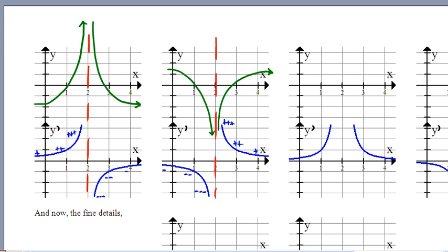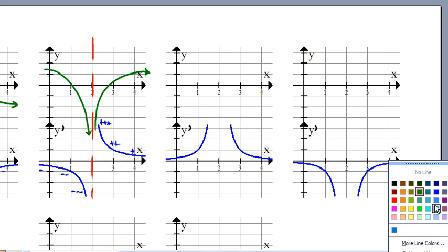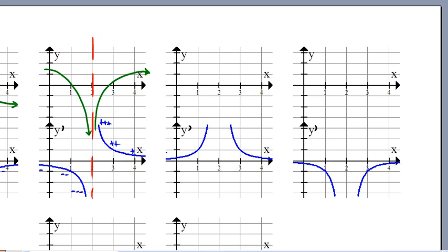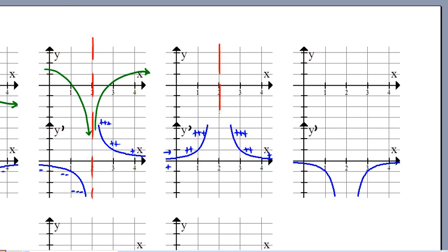Okay, let's keep going here. What's this one going to do? Just eyeballing values right off this graph, just y values. Slightly positive, pretty darn positive, aggressively positive, pretty positive, just barely positive. Okay. Drawing my asymptote.